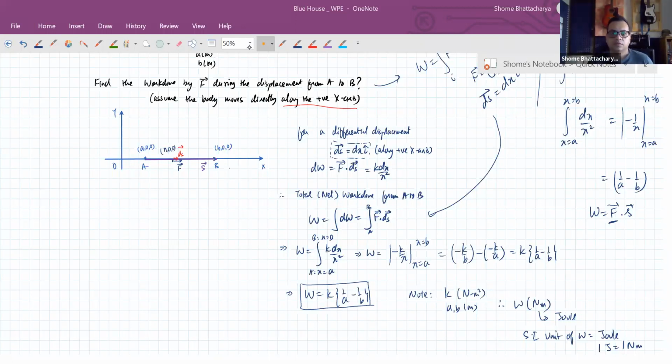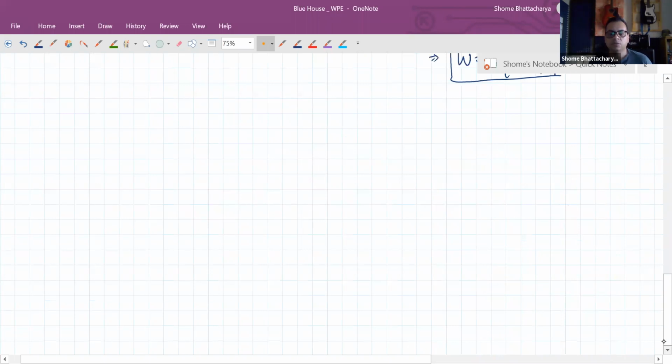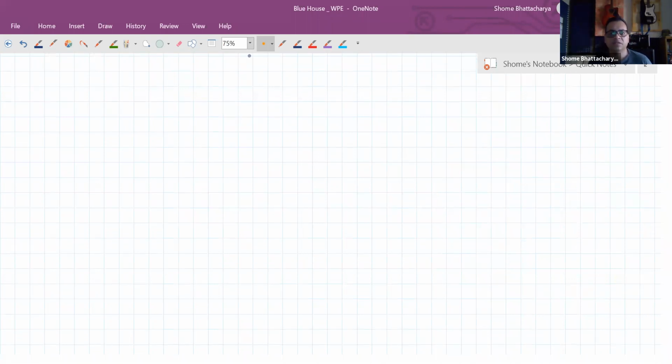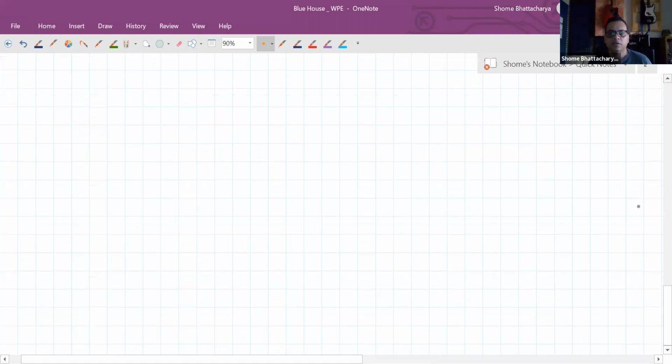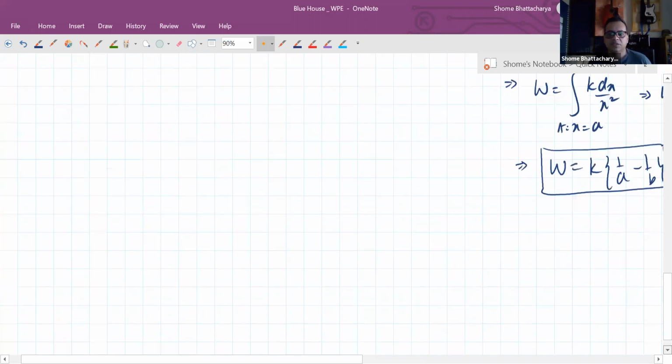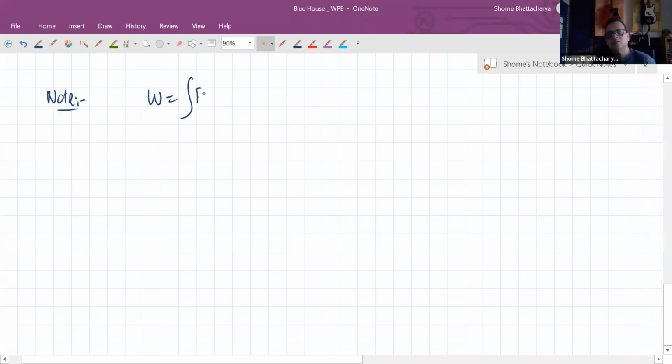Okay, now once we're a little bit familiar with the general definition of work done, before we come to more examples of its application, we will see something very important and also very simple, about the situation where the force we are applying on the body is constant. Actually, before that, one more thing I forgot. When we write this definition, work done is the integration of F dot ds.